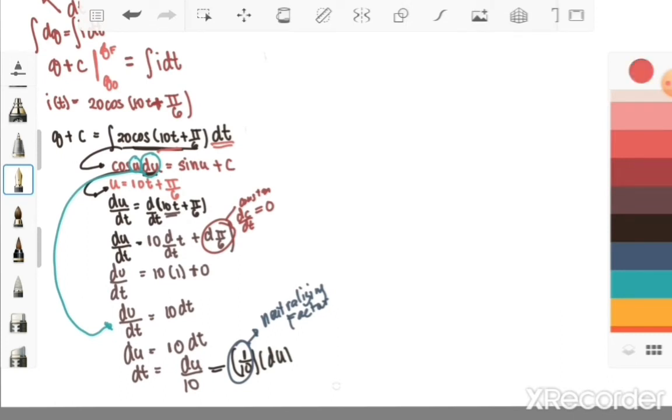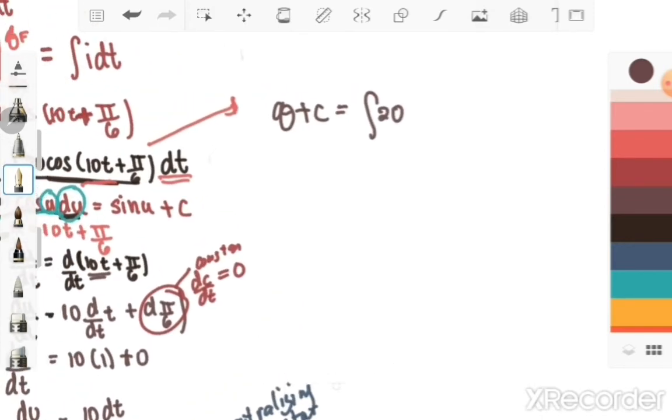Q plus C is equal to the integral of 20 cosine of 10t, which is equal to u, right?